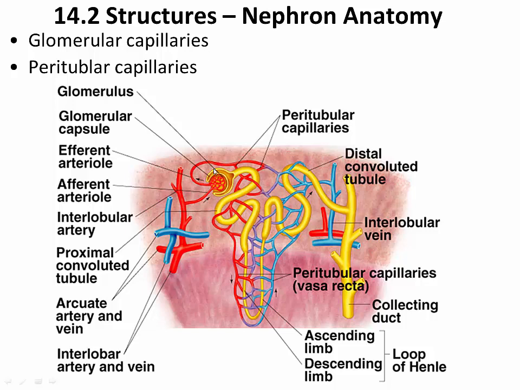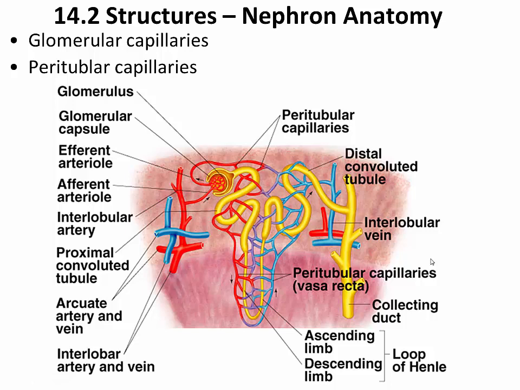The other capillaries that are associated but not part of the nephron are referred to as peritubular capillaries, and the peritubular capillaries surround the nephron. So it is worth noting that we do go from an afferent arteriole to capillaries to an efferent arteriole to another set of capillaries, and only then do we go back to the heart.